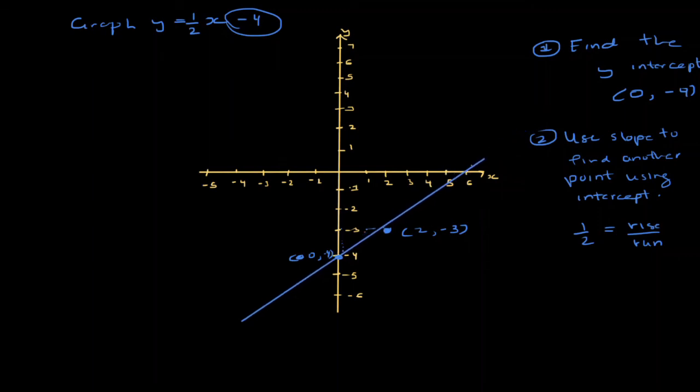And now all we have to do is just draw a straight line through both points. I don't want to go off my graph. And that's it. That's how you graph something given an equation.